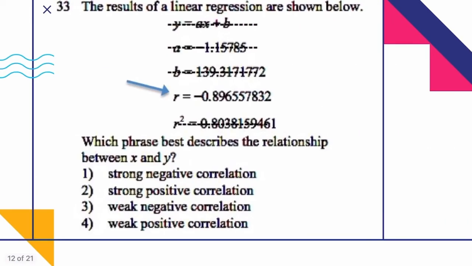Right. This is something you would see in a calculator if you were to calculate linear regression. We're not going to do that this year, but let's say they wanted to know which phrase best describes this relationship. This is your correlation coefficient. Would it be strong negative, strong positive, weak negative, or weak positive? And let's just kind of like focus on this part of the number here.